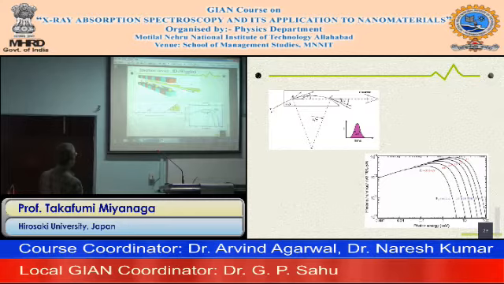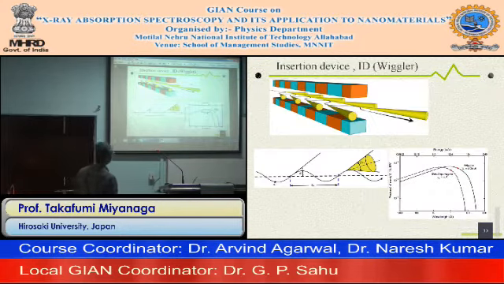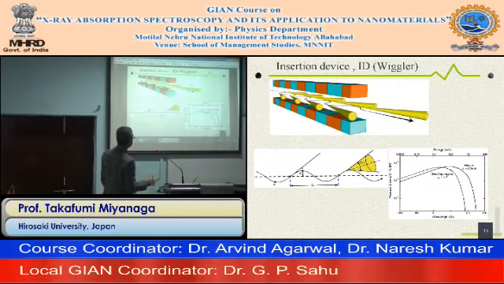So the X-rays go here, here, here. Compared to the bending magnet, the wiggler has stronger brightness and higher energy.